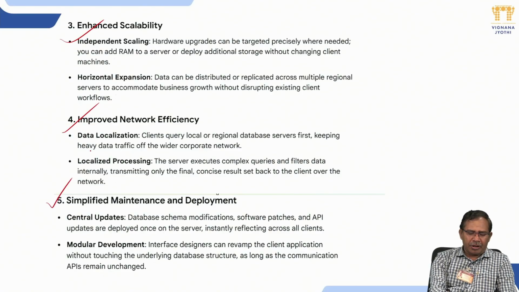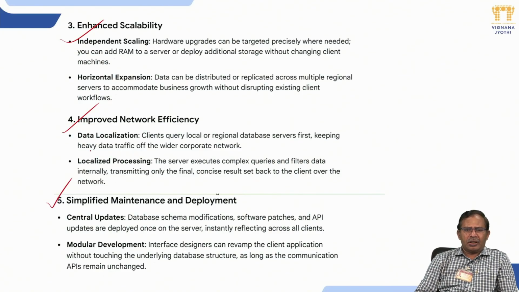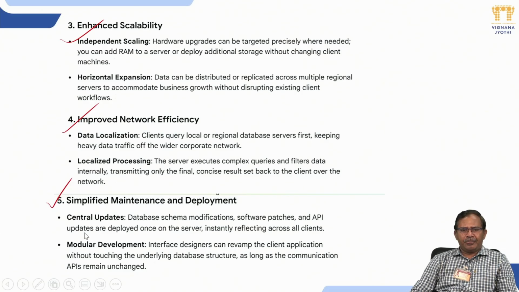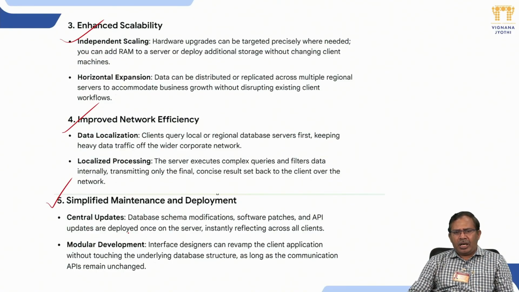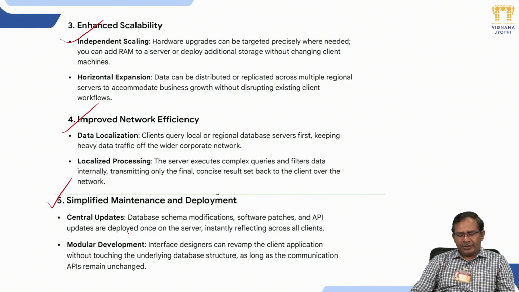And one more advantage of the client server architecture is simplified maintenance and deployment. So here we have a central update and modular development, where database schema modifications, software patches, and API updates are deployed once on the server and instantly reflected across all the clients.